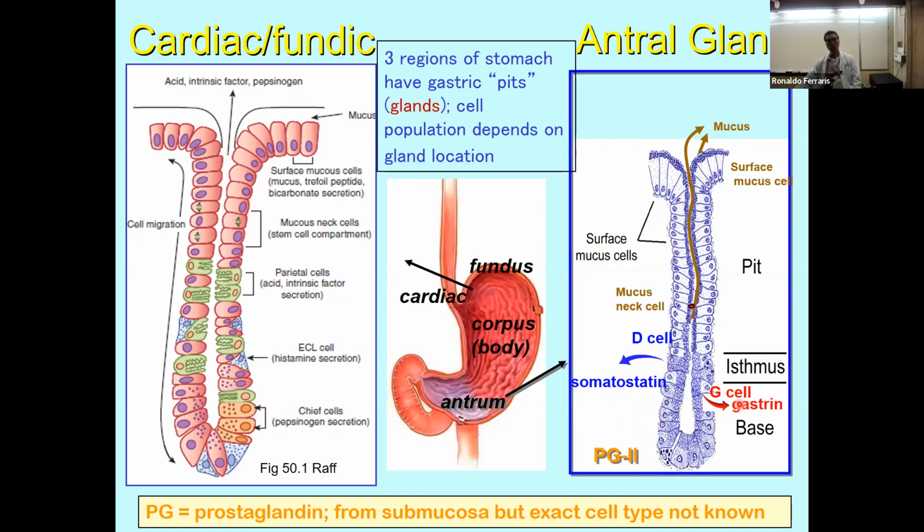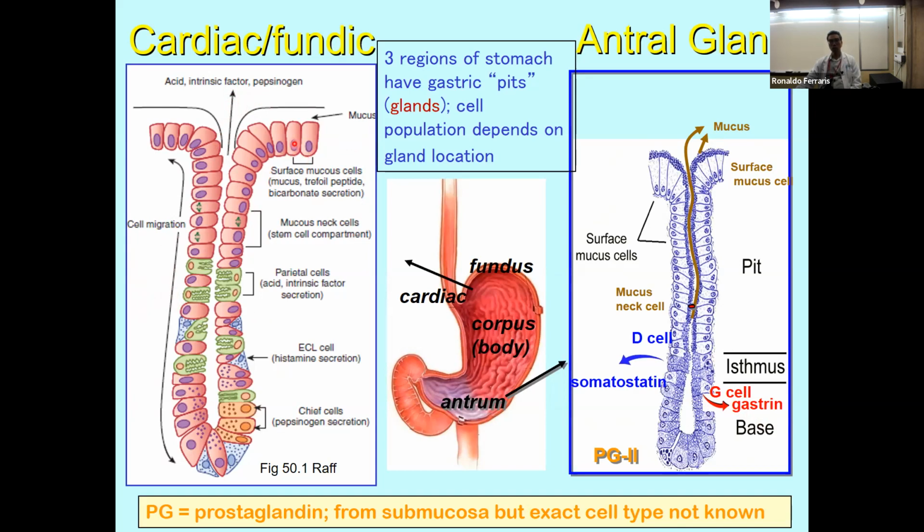G cells are also found in gastric pits, in this area, and G cells make gastrin. The hormone gastrin is secreted by G cells into the blood side. So, ladies and gentlemen, when you study GI, make sure that you label which side is food side and which is blood side, because you need to know where things are secreted.